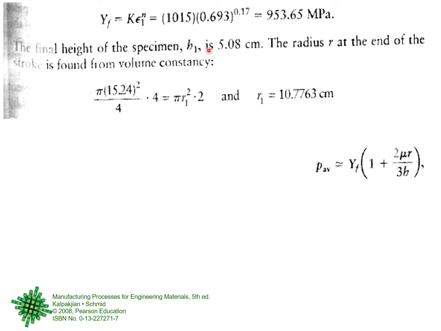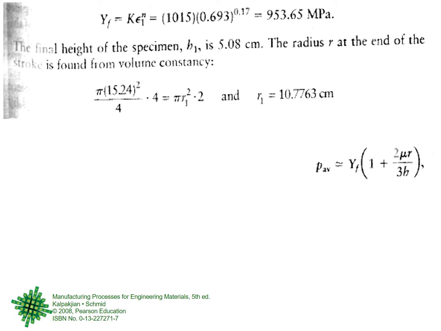Now, final radius. How will you know the final radius? Remember, we always have in earlier problems also volume constancy. That the height can change, the thickness can change, the dia can change, but the volume remains constant. So when the height is original height h naught, then A naught h naught is the original volume, and final volume is AF HF, or call it A1 h1, right?